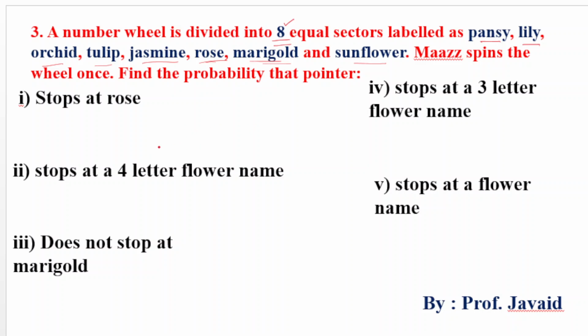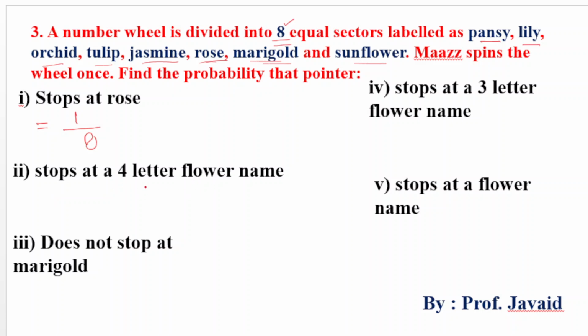So let's calculate what was asked of us. First, the probability of stopping at rose. Rose is there one time, only one, divided by 8. Next is the probability of the pointer stopping at 4-letter flower names.